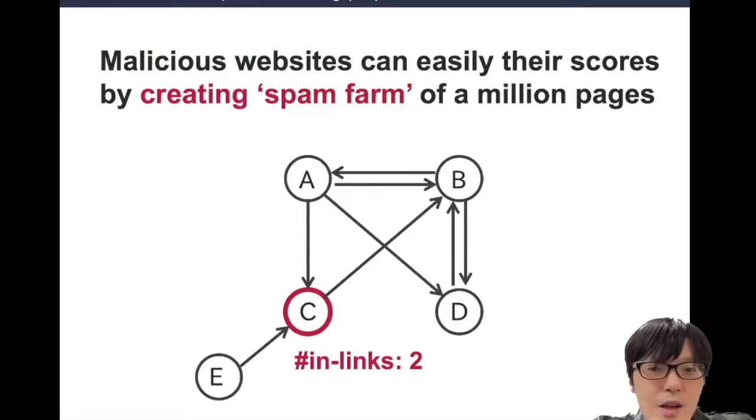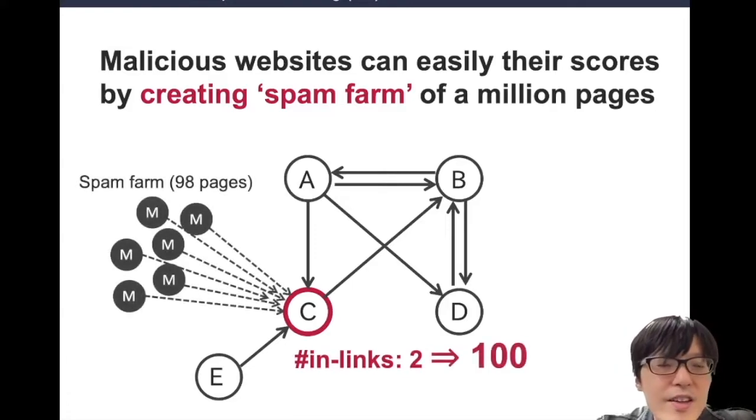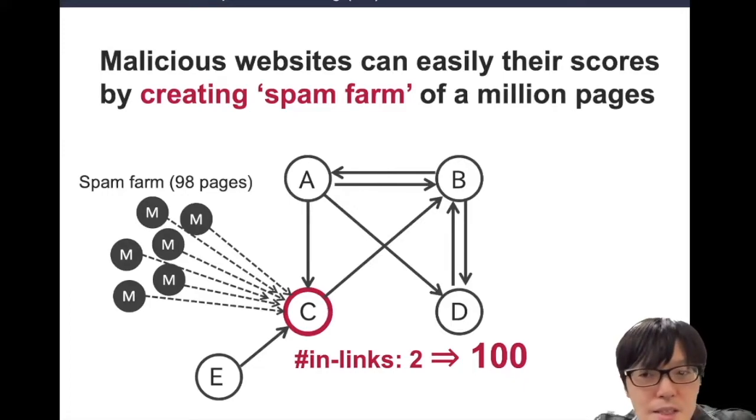Let's assume that we are malicious and we want to intentionally increase the importance of web page C. How to do it? That is very easy. If we create a lot of web pages and we make such web pages link to page C, then the page C can get a high score.